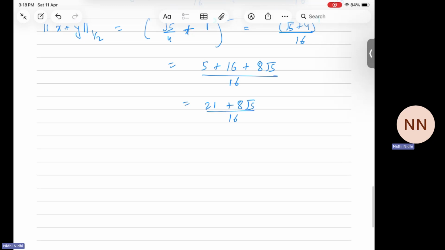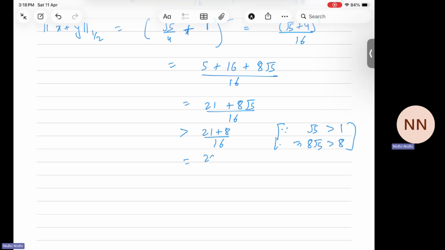Now, since we all know that root 5 is greater than 1, you can in fact find its exact value. It will obviously be greater than 2, because 5 is greater than 4 and root 4 is 2. So this will be strictly greater than (21 plus 8) by 16, because root 5 is greater than 1, so 8 times root 5 will be greater than 8.